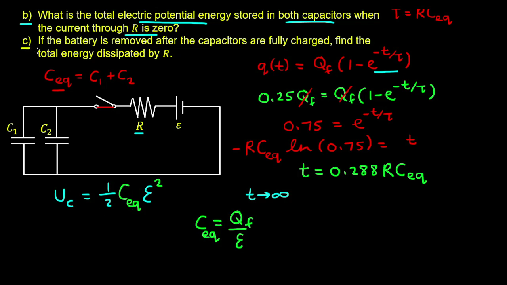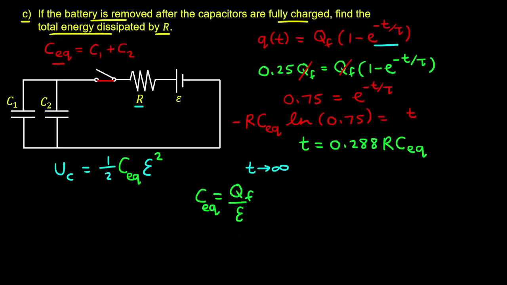Now in part C, if the battery is removed after the capacitors are fully charged, then find the total energy dissipated by the resistor. So the power, being the rate at which energy is dissipated in a resistor, is equal to the current by the voltage at time t, which is equal to the current squared by the resistance.